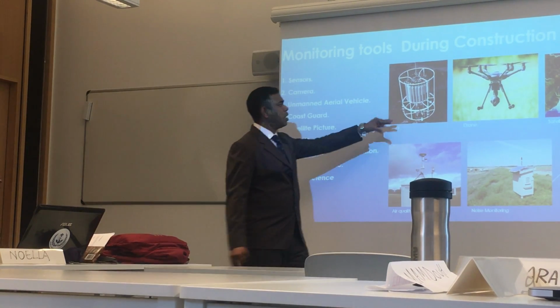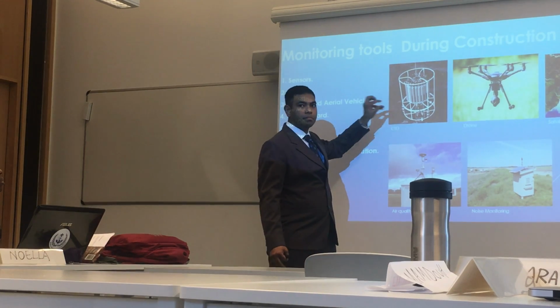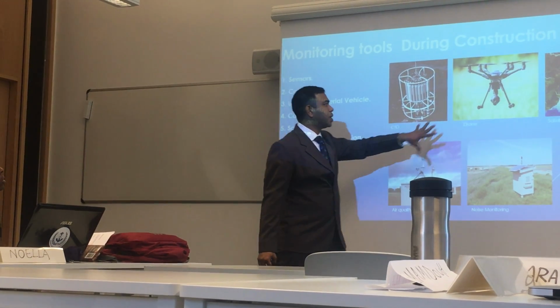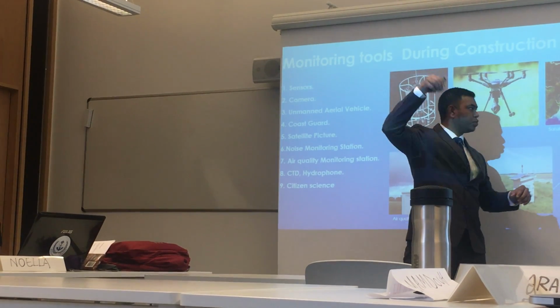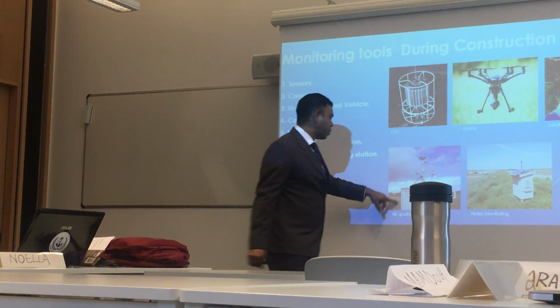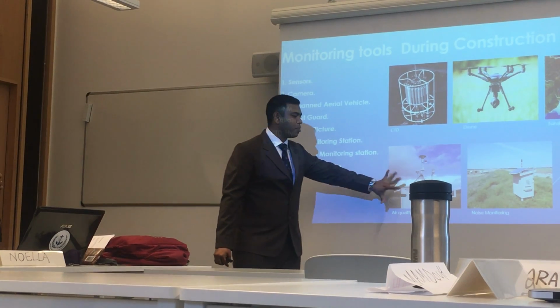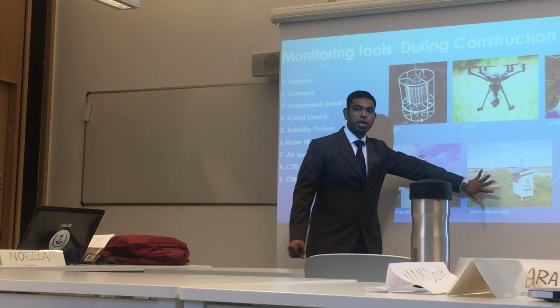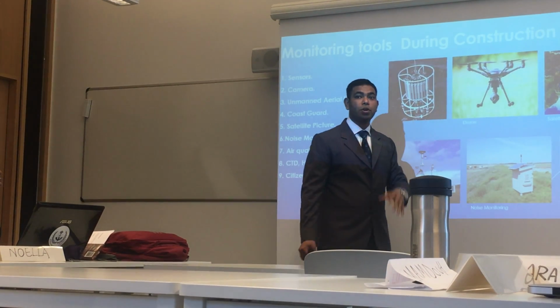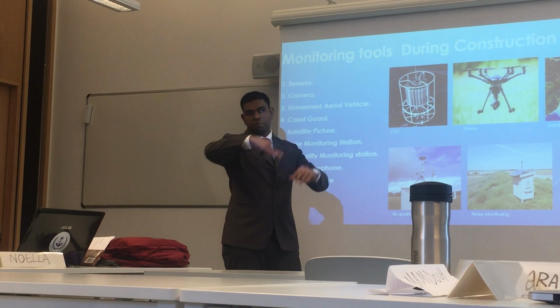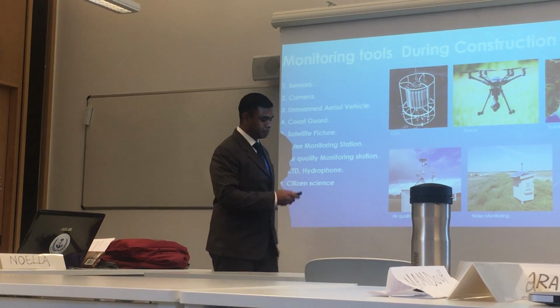We can install this CTD, conductivity, temperature, depth. We can use a drone. We can use even the satellite view to see the erosion. We can install an air quality monitoring station. We can use a noise monitoring station, and even the Coast Guard can play a very important role to see the pollution.